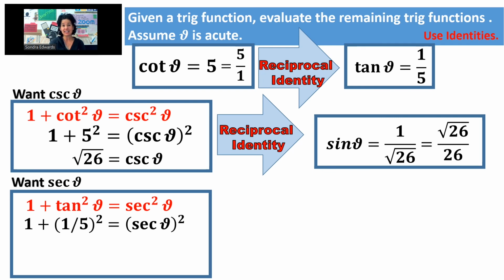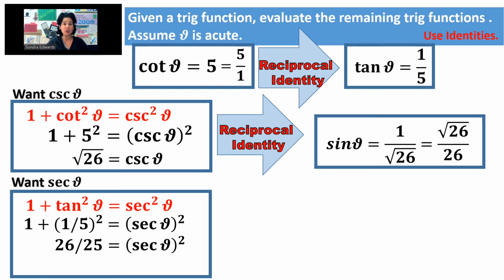Simplifying the left-hand side, 1/5 times 1/5 is 1 over 25. And 1 plus 1 over 25 is like 25 over 25 plus 1 over 25. So we get 26 over 25. Lastly, to isolate secant of theta, we want to square root both sides.